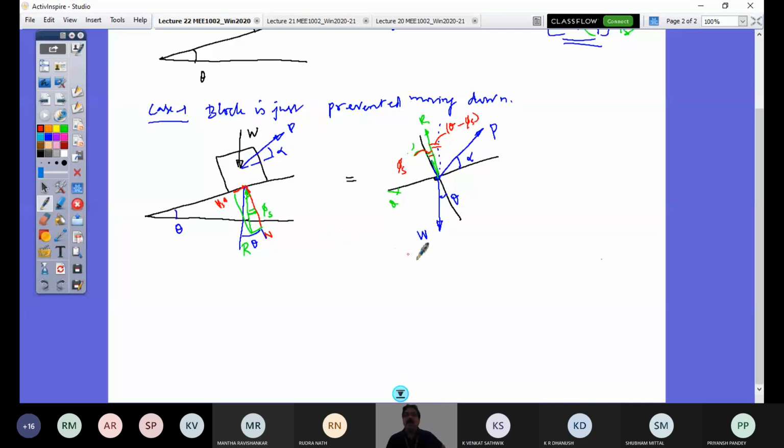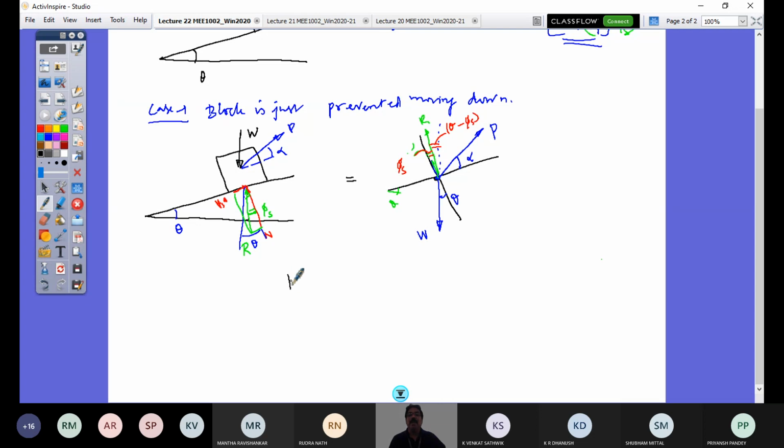Yes, sir. So now let us apply Lami's theorem. It's very simple. What does Lami's theorem state? If I have three vectors represented by diverging vectors from a concurrent point or converging vectors to the concurrent point, you can write the ratios of the magnitude to the sine of the angle included by the other two vectors.